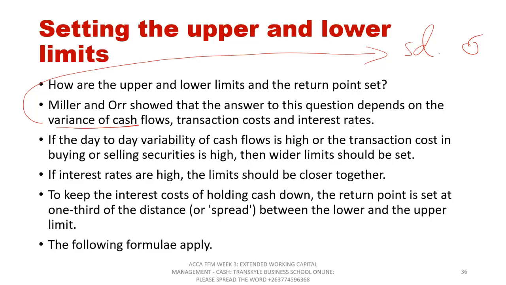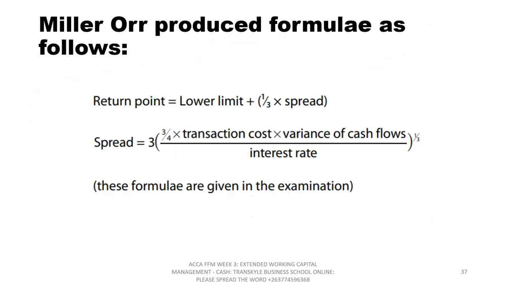So there is a formula we need to be used to. The return point is equal to the lower limit plus a third multiplied by the spread, and the spread itself is given by that formula. These are given in the examination. No need to cram the formulae.